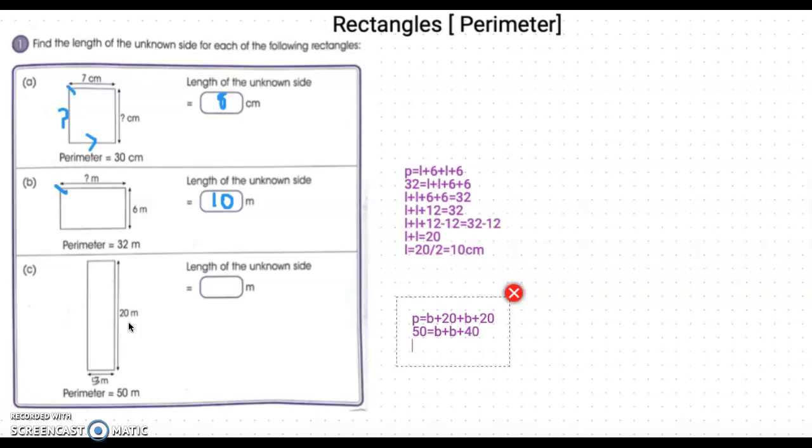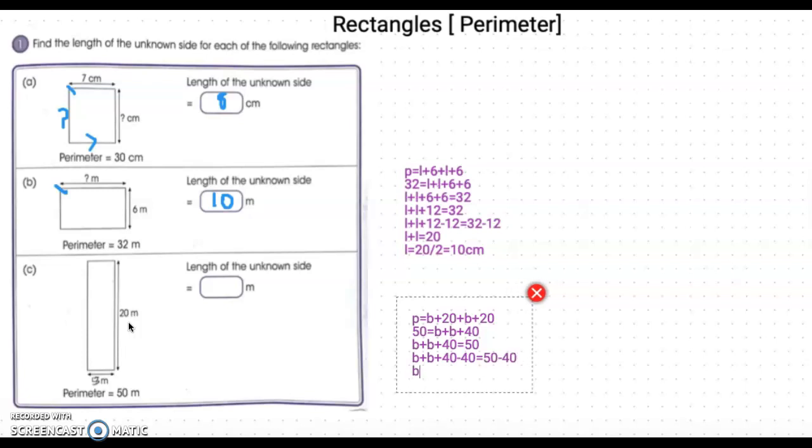Which is equal to B plus 20, 20, 40. I'll do just a shortcut, okay? And then B plus B plus 40 is equal to 50. I'm going to minus 40 from this side, therefore I'm going to minus 40 from the other side as well.